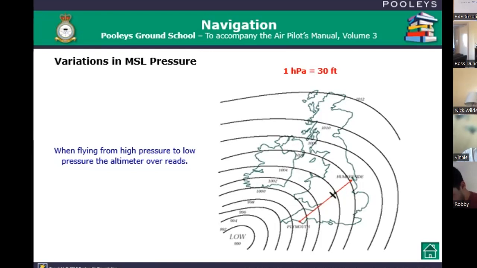In other words, if you're flying from a high pressure to a low pressure and you don't reset your QNH, and you've worked it out that you've got plenty of room, at least 20 foot over the top of the mast, and you can't see the mast, then you're probably going to crash into the top of the mast.